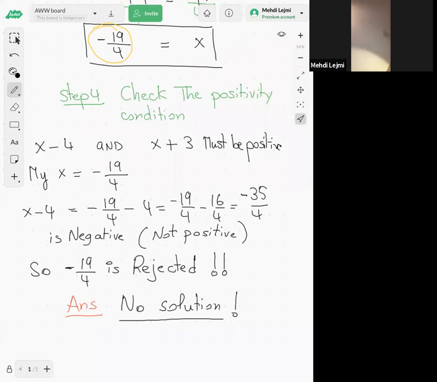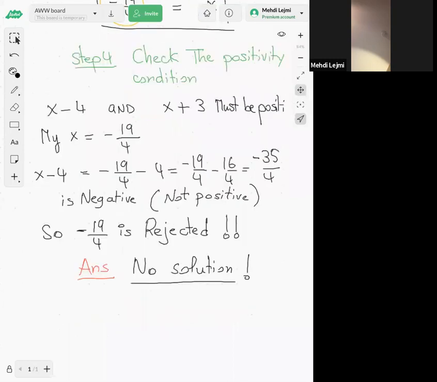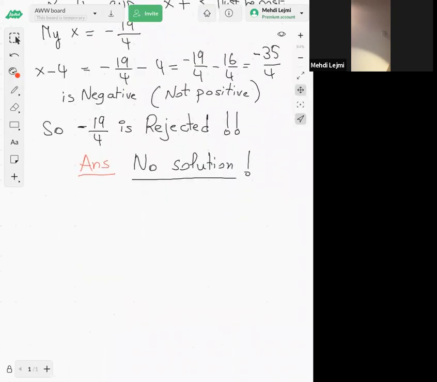All right, so here's an exercise. Please try to solve.